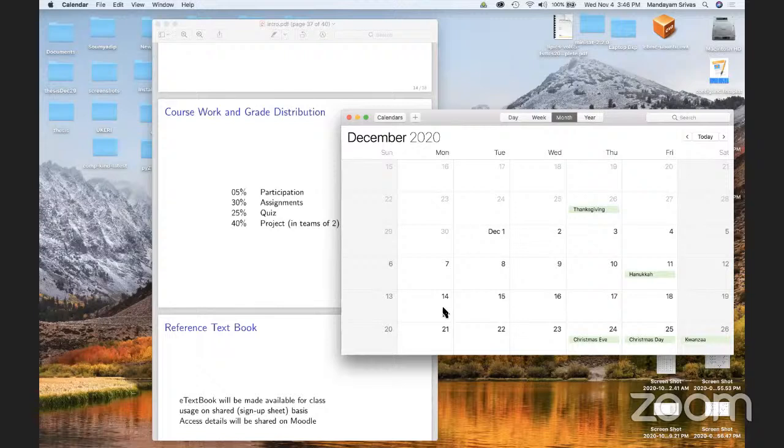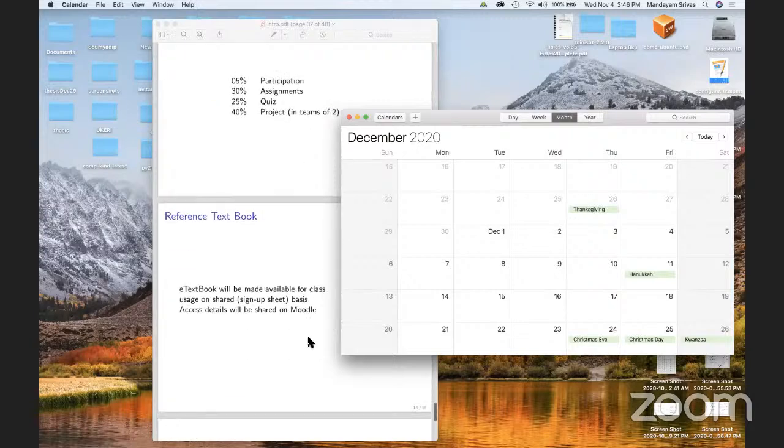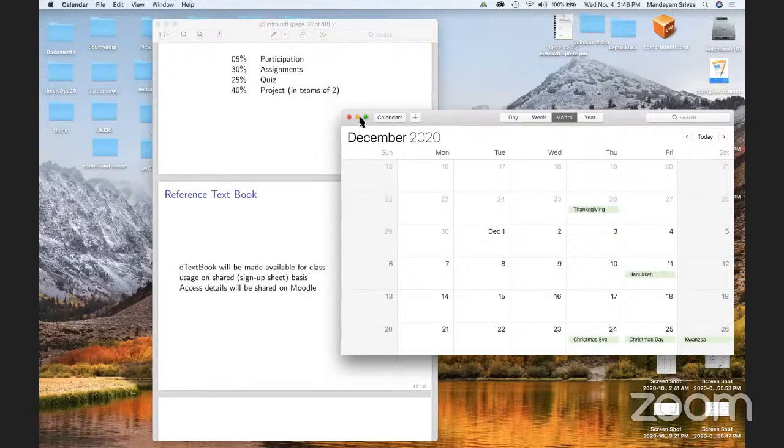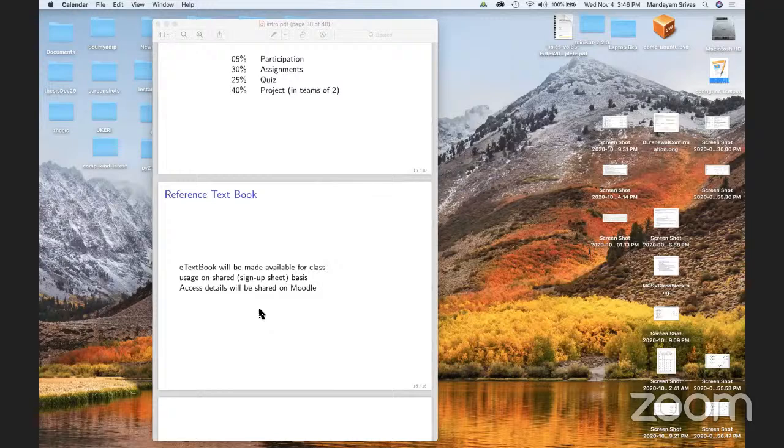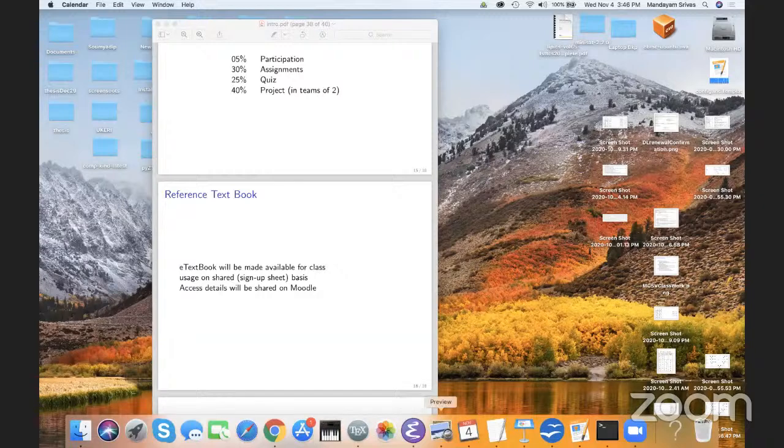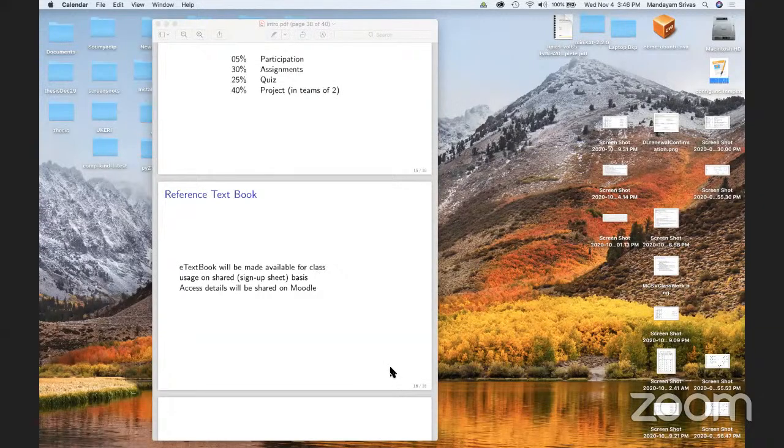Also, sir, which book are you referring for the theory? Yeah, so this is the one which, I think, is uploaded on Moodle. I did it even before the first day of class. And for simplex, pretty much that book.